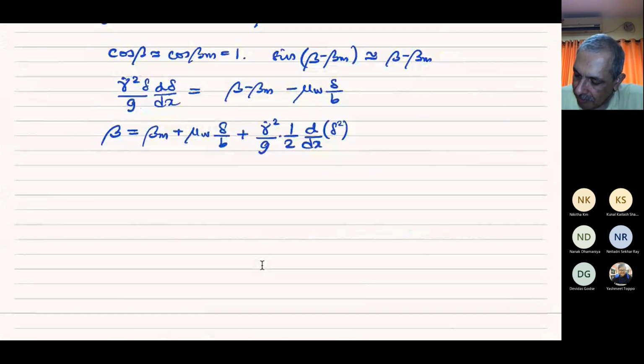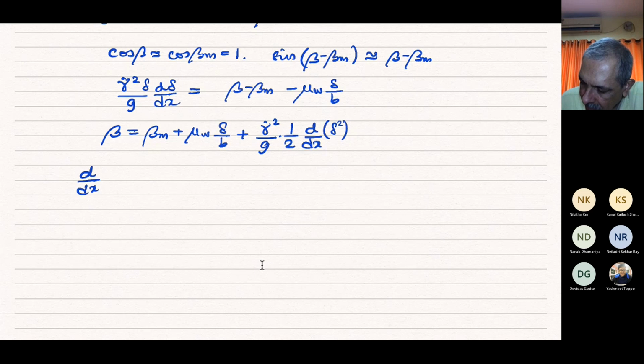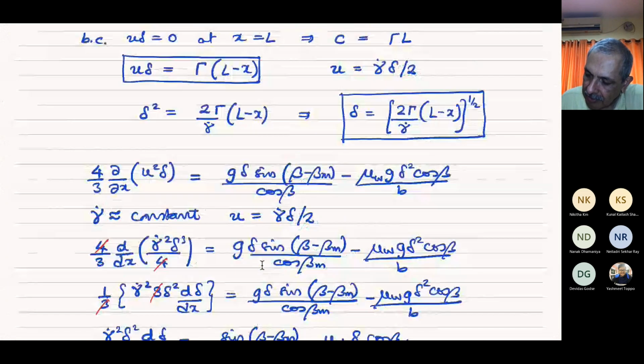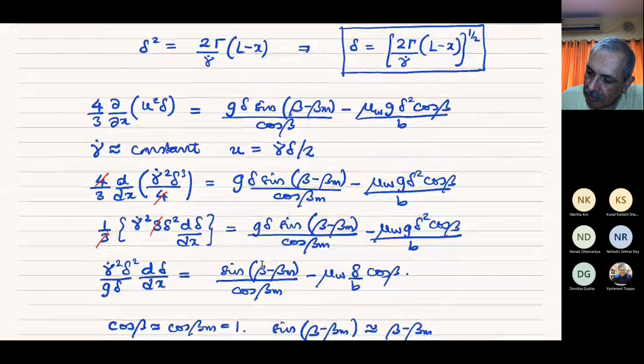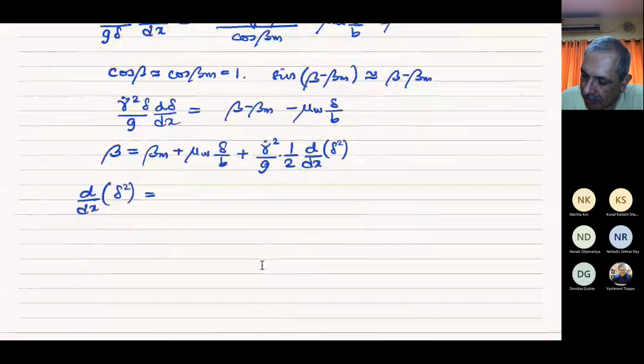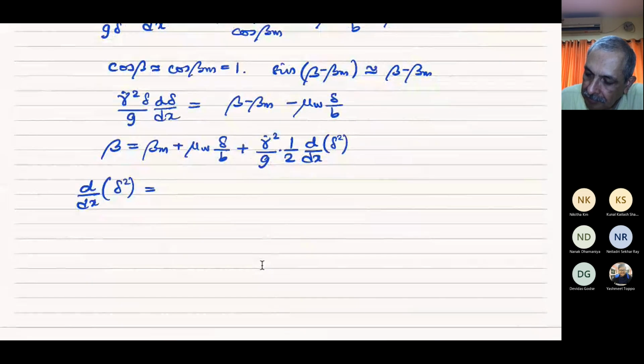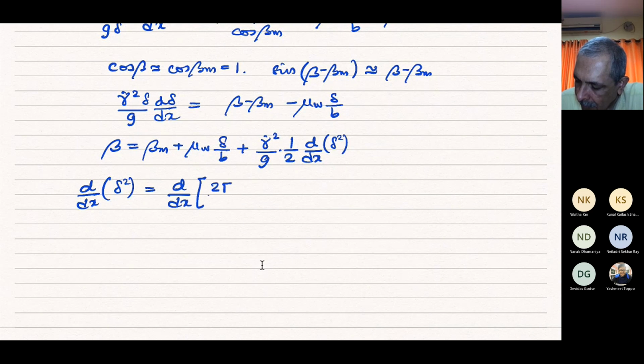So this can be written as, I'll just write down this, d by dx of delta squared. If we now look at this expression here, then this is just 2 gamma by gamma dot into L minus x.